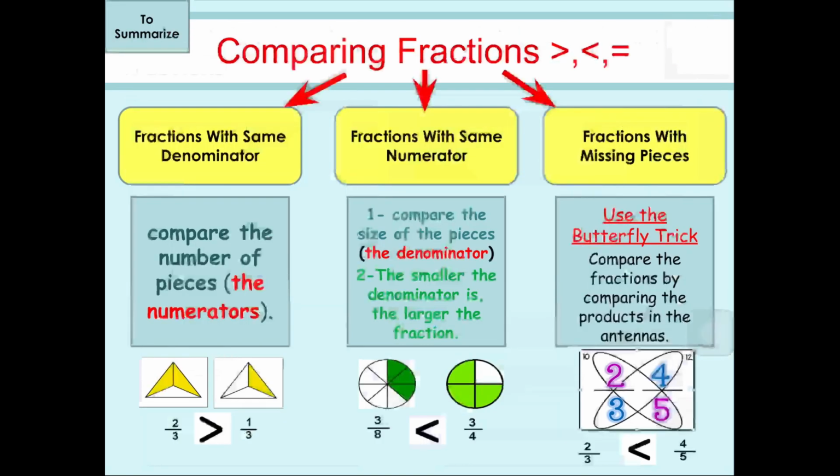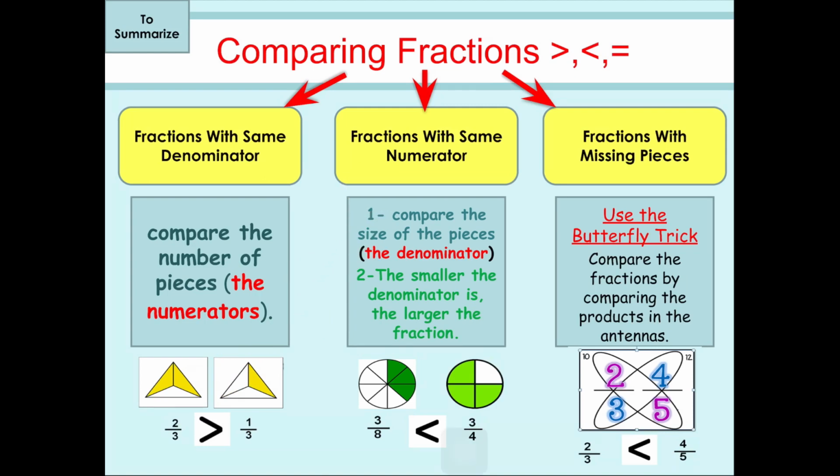All right, so to summarize, we went over a few different ways of comparing fractions. We looked at fractions with the same denominator. For this method, we compare the number of pieces by looking at the numerators, and the one with the larger numerator is bigger.